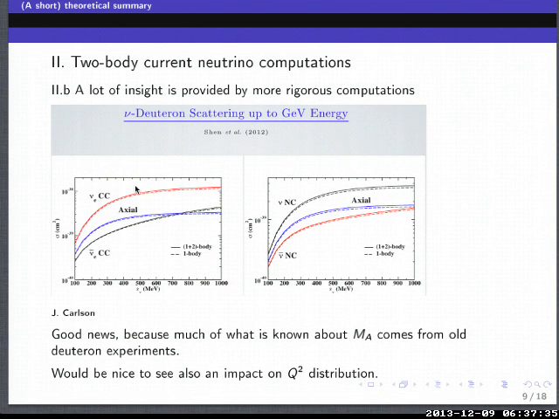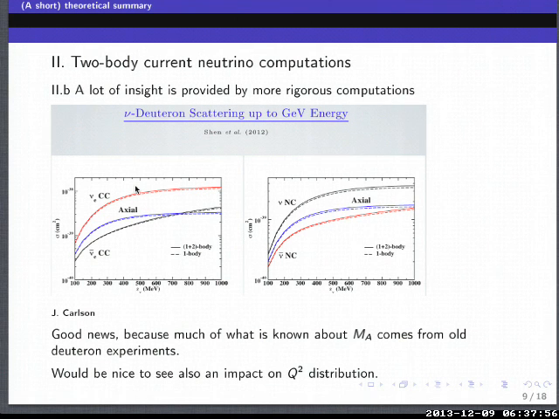And the result is that it is not that small as you might think, because it is a logarithmic scale. So the effect is 5-6% or so, but still it's not large. There is also explicitly some effect for the axial contribution.